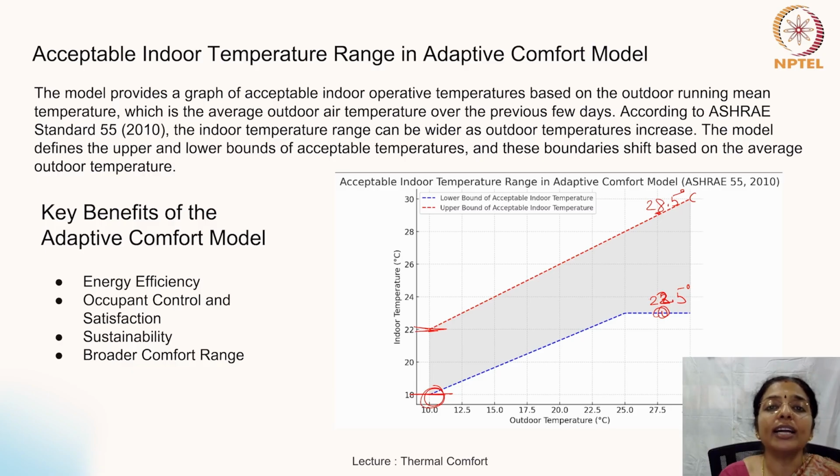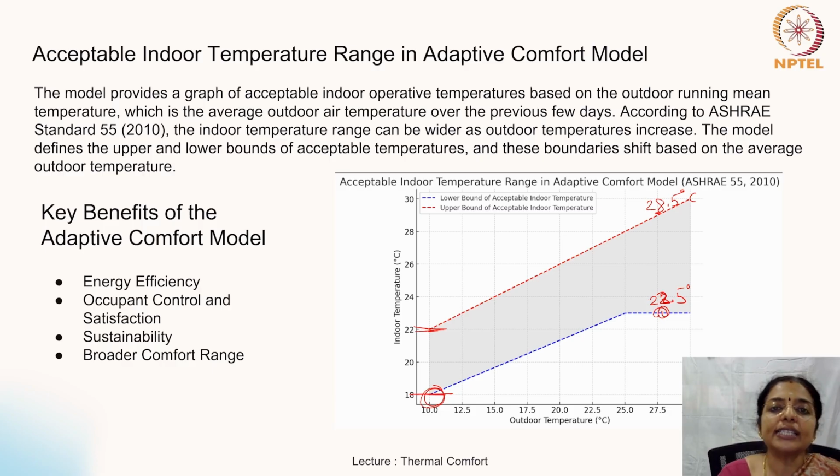The broader range is possible because people in naturally ventilated spaces are more accustomed to outdoor temperature variations and have access to adaptive behavior. This is also true when a person is exposed to an environment which is cold outside: his ability to shift to a much warmer environment automatically is very difficult.